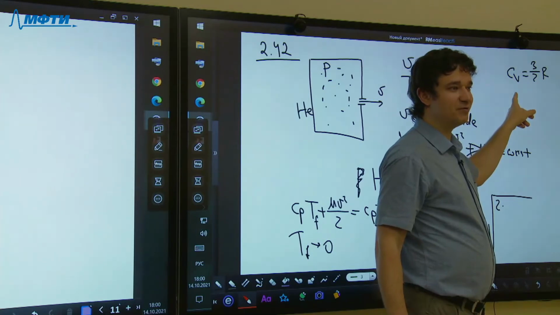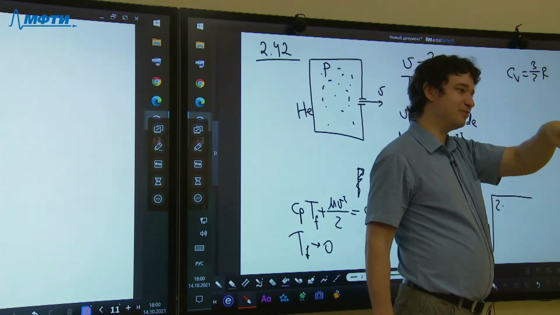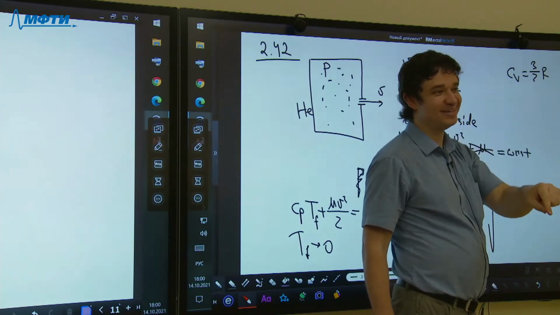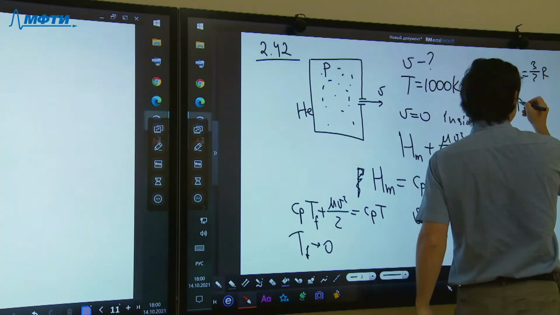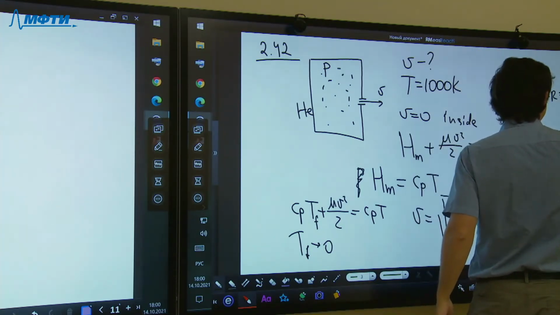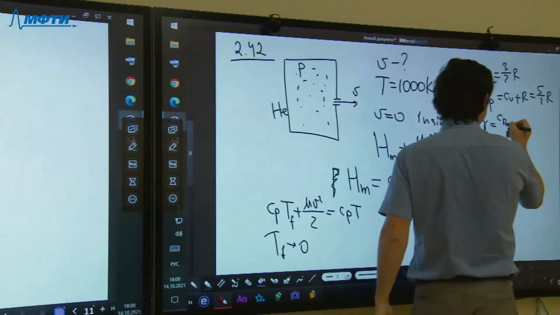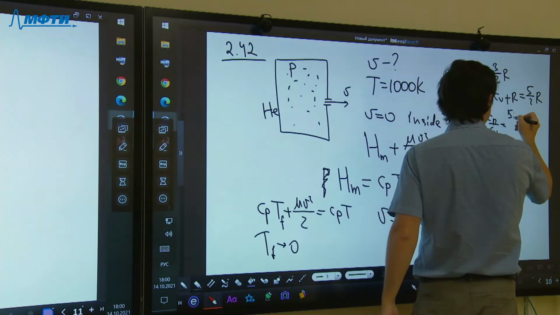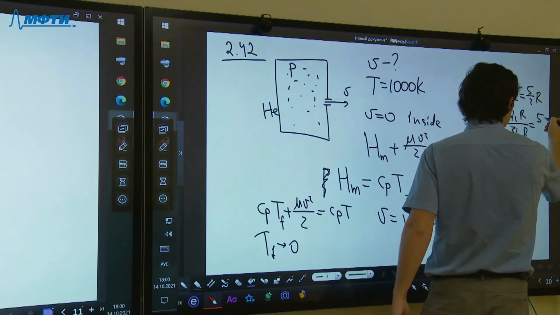No, it's gamma, 5 over 3. You made this mistake in your homework where you assumed gamma equal to 3 over 5. That's wrong. 5 over 3, and for the Cp, it's 5 over 2. Or you can apply Meyer's relation and get 5 over 2R. And from here, gamma is Cp over Cv, 5 over 2R over 3 over 2R, which is 5 over 3.